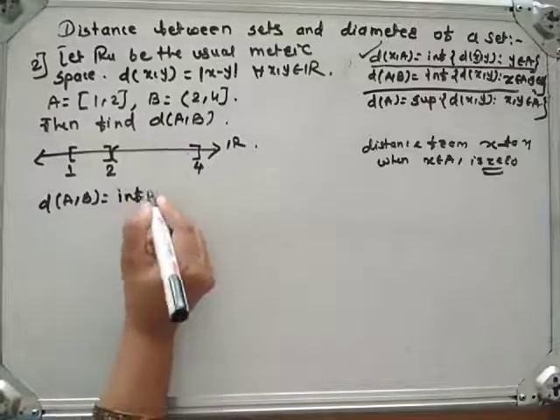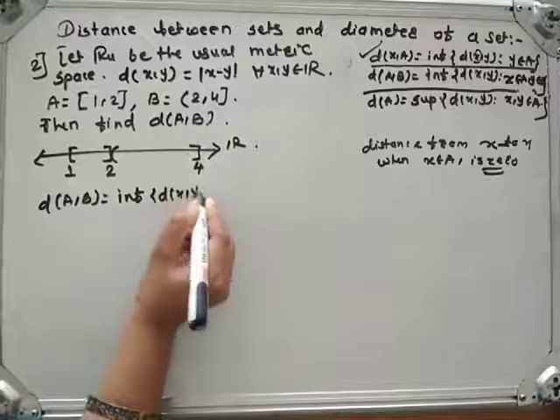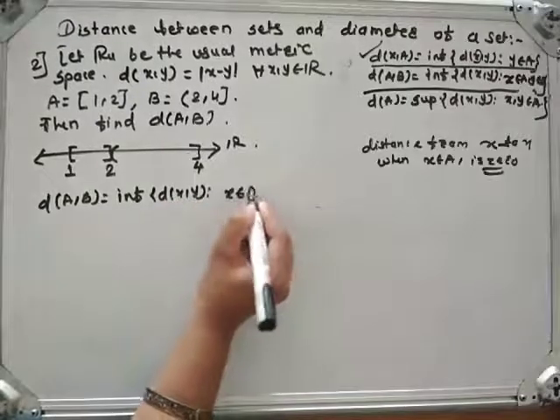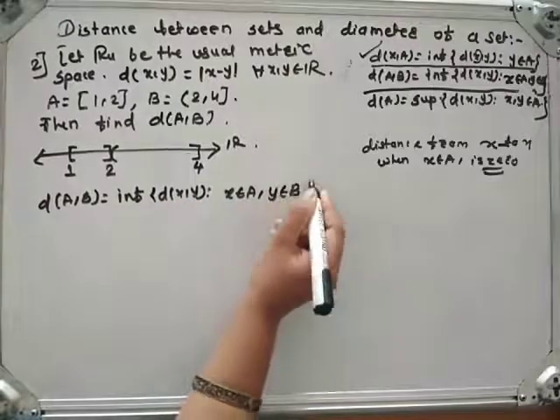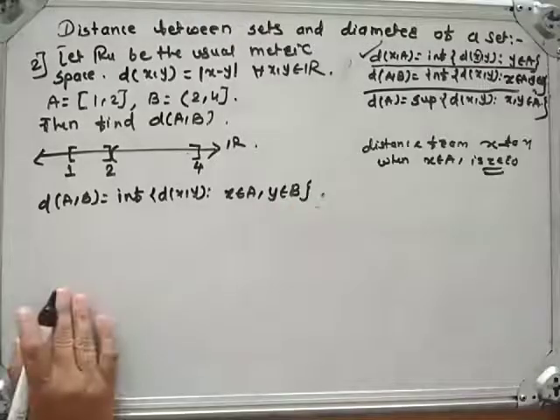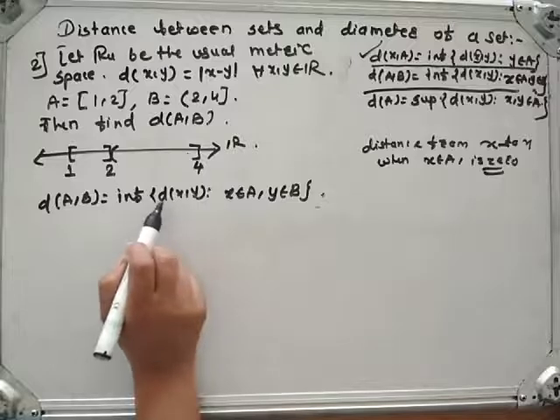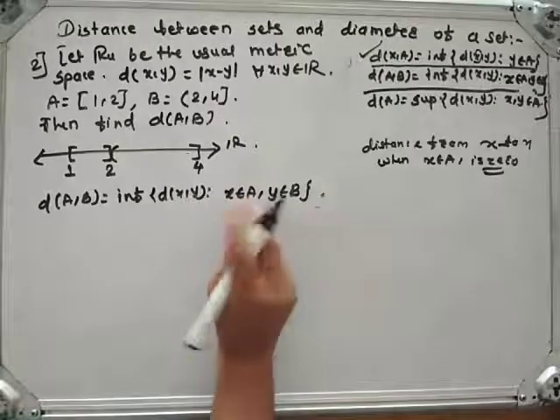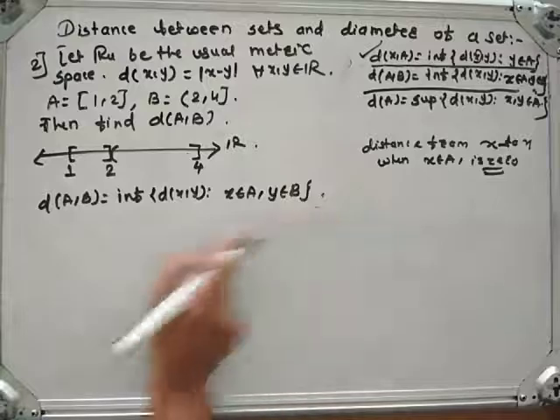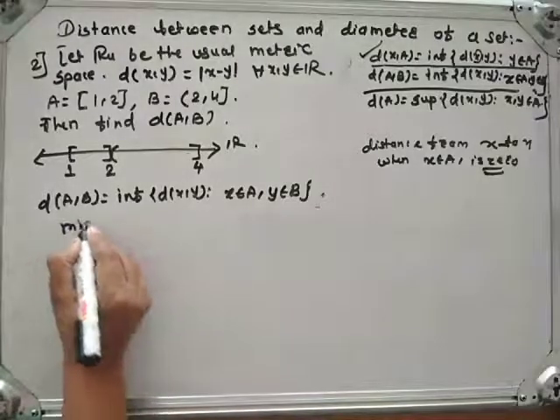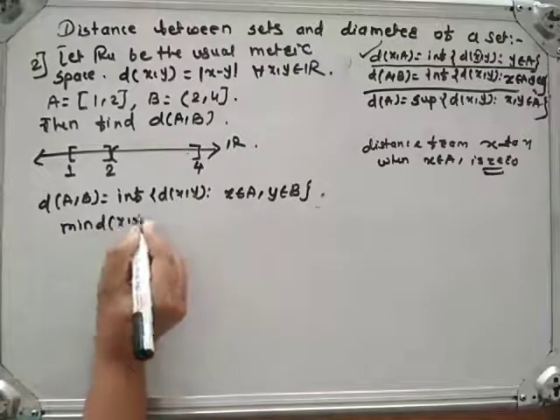It is the infimum of d of x, y such that x belongs to A, y belongs to B. It means we have to find the minimum distance d of x, y such that x belongs to A and y belongs to B.